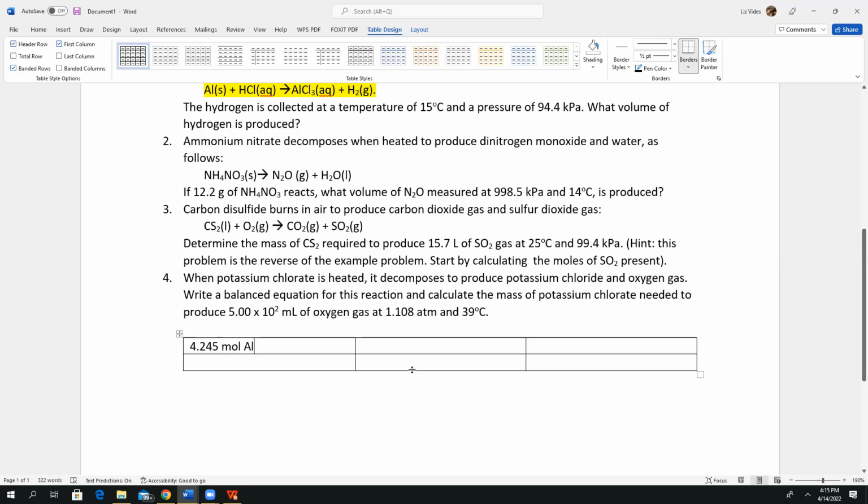Now you need to say that for every mole of aluminum, you have how many grams? 26.98 grams of aluminum, right? Oh wait, that was grams. Sorry, backwards. Okay, this needs to be on the bottom. Grams of aluminum per mole, right?